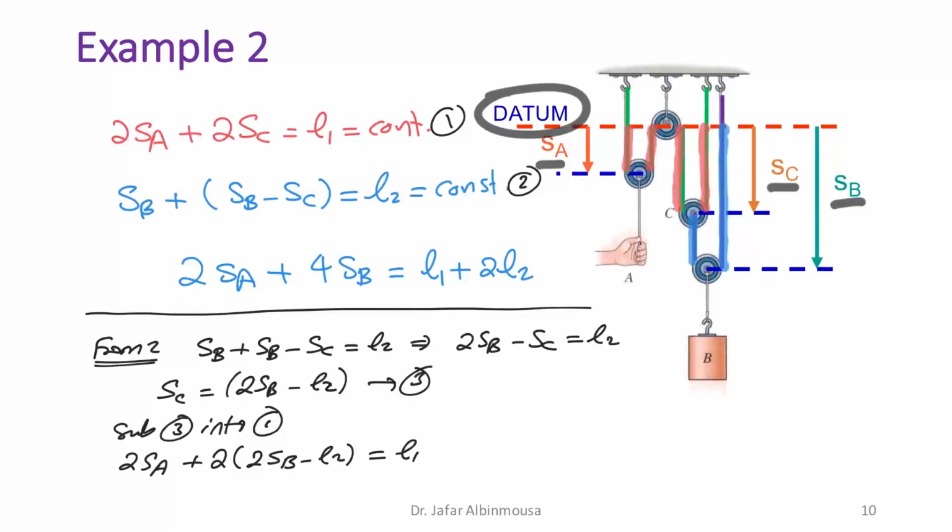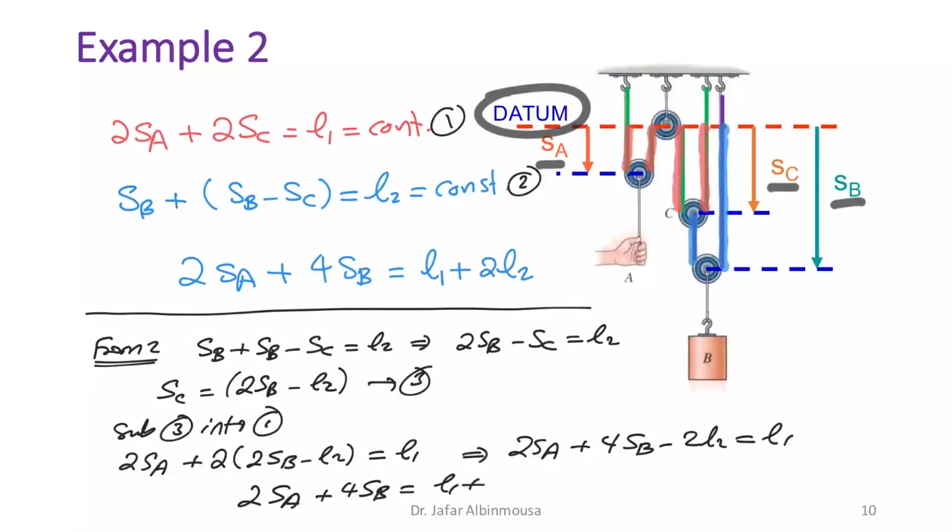And you will then get 2SA plus 4SB minus 2L2 equals L1, which means you will get 2SA plus 4SB equals L1 plus 2L2, which is basically the same as this equation.